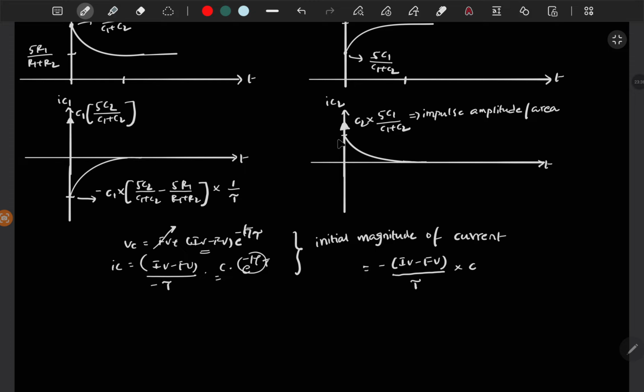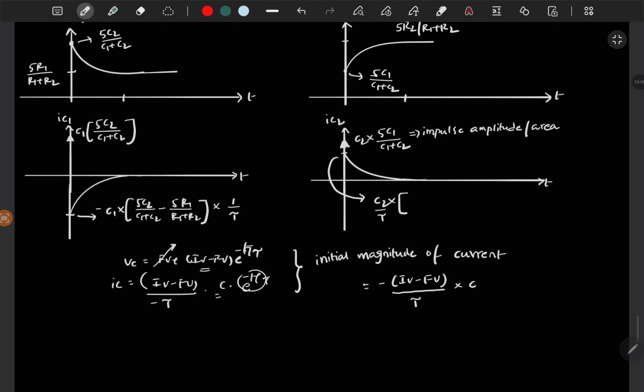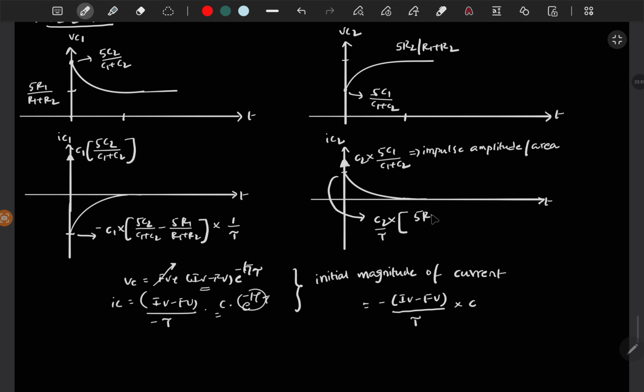Similarly, you can find this magnitude also. So I'm just writing for now. It should be C2 times 1 by tau times final value minus initial value, so 5R2 by R1 plus R2 minus 5C1 by C1 plus C2.